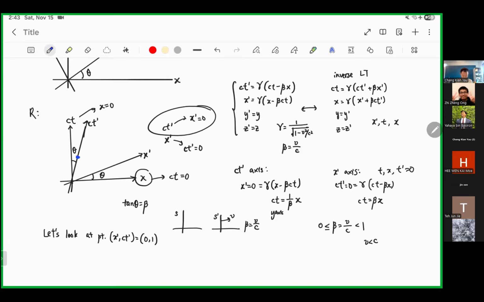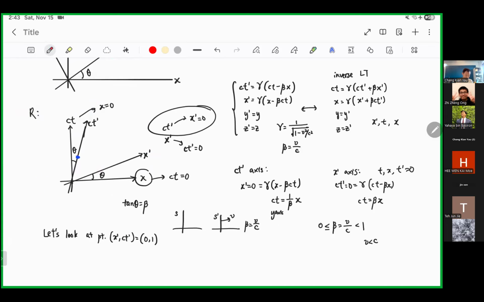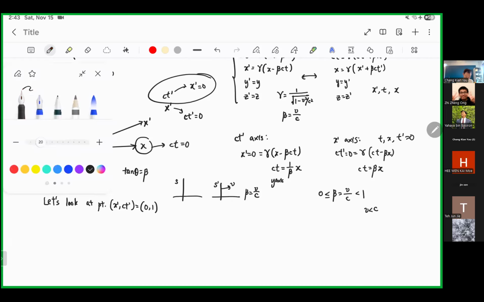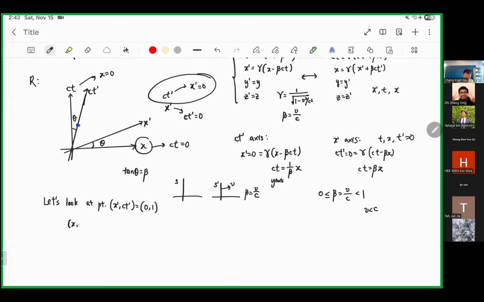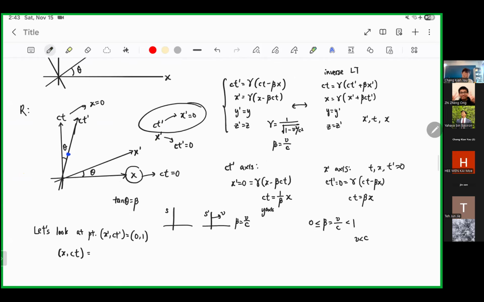It's this point here. We can look at the Lorentz transformation of this point. It's the inverse Lorentz transformation, but let's find the x and ct. Again, we have to use the Lorentz transformation, now the inverse one.